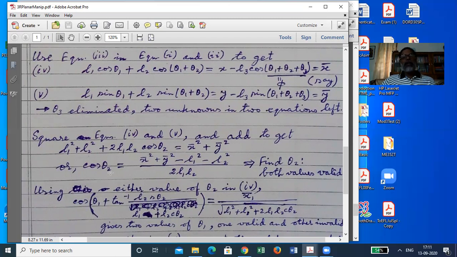If a solution exists, most of the time you would get two solutions. Because if theta 2 equal to 19 degree is a solution, then theta 2 equal to minus 19 degree also will be a solution, because you have got the value of cos theta 2. Okay. So for example, if cos theta 2 is half, then you can say theta 2 can be 60 degree or minus 60 degree. Both will be valid.